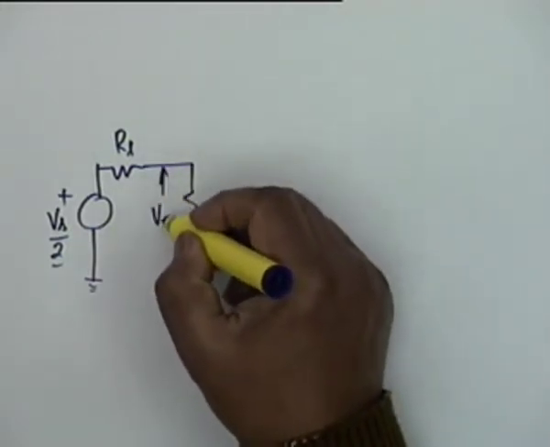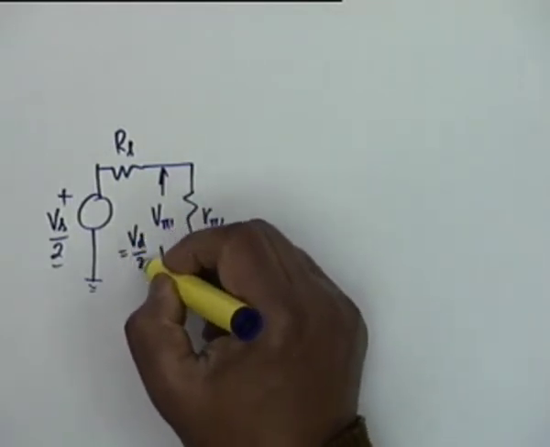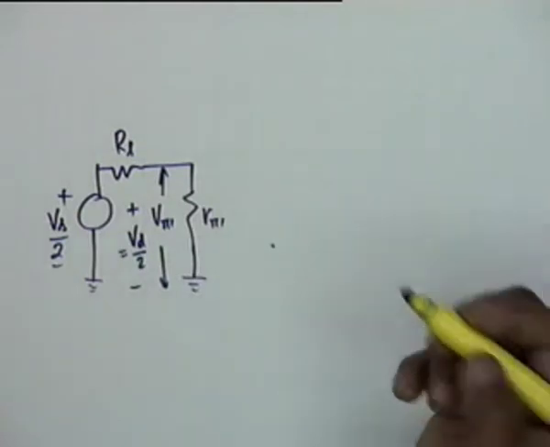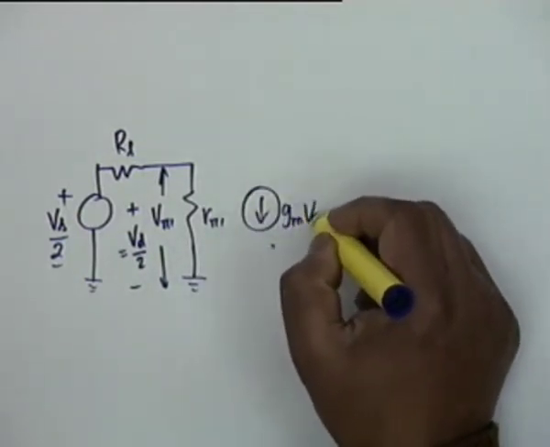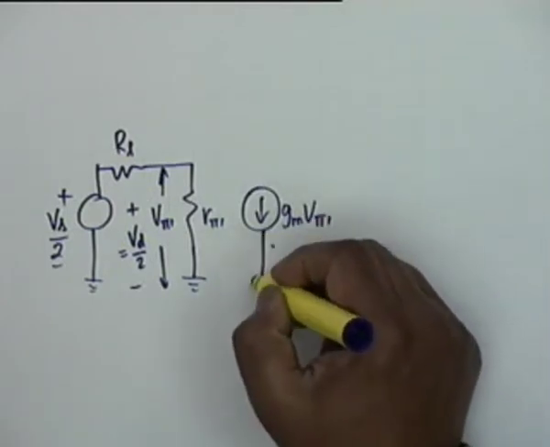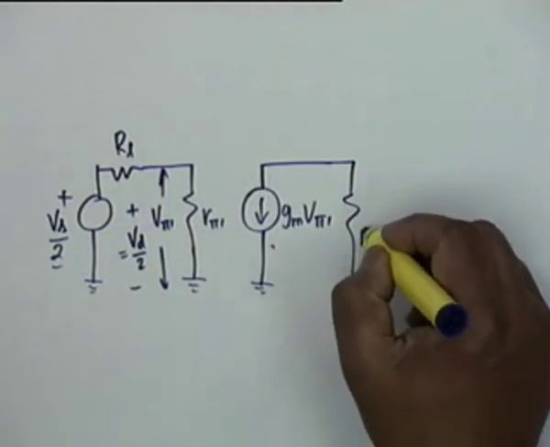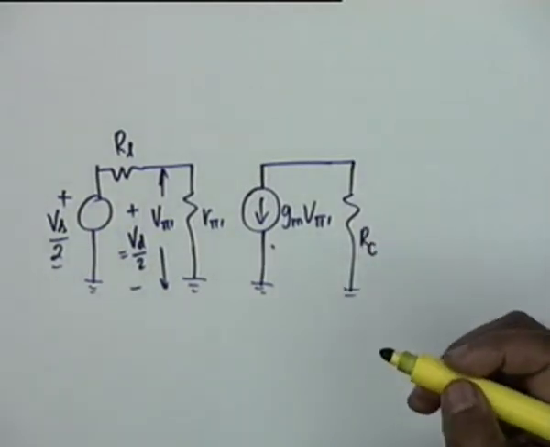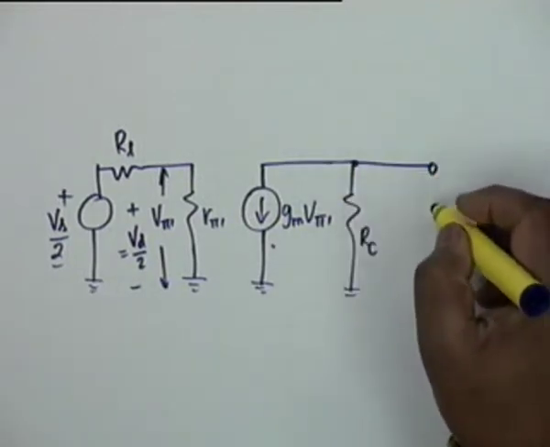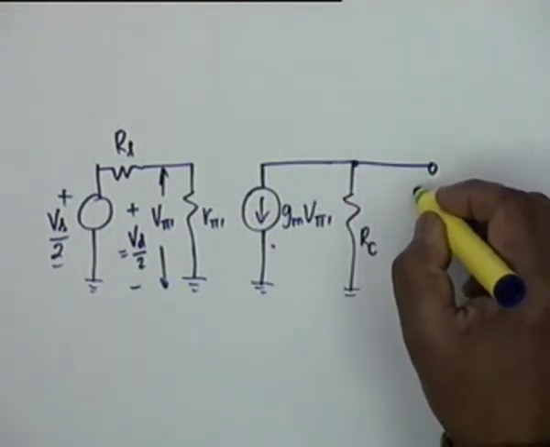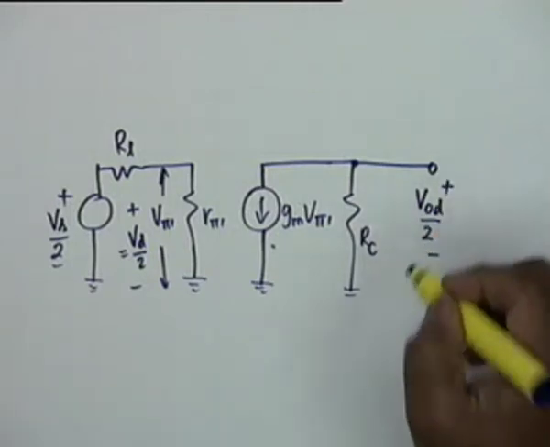This is V pi 1, which is equal to Vd by 2 with this polarity. Then we have GM V pi 1. This goes to ground, and all I have is an RC to ground, and I have said it could be RC parallel R01. This is my voltage VOD divided by 2 with this polarity.